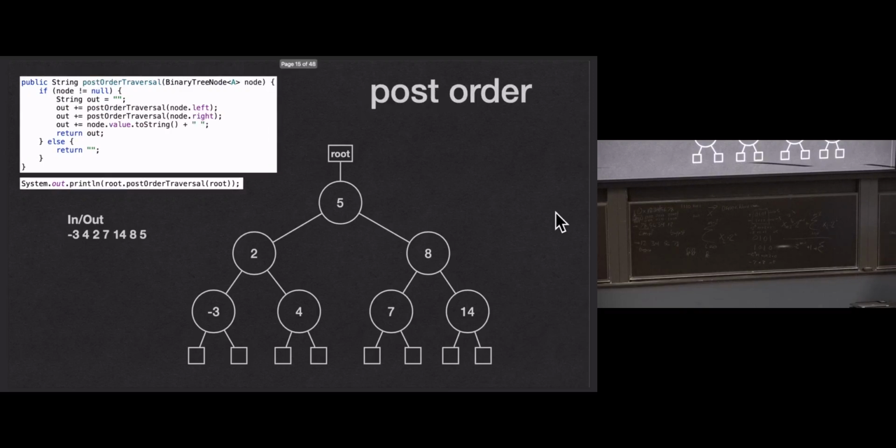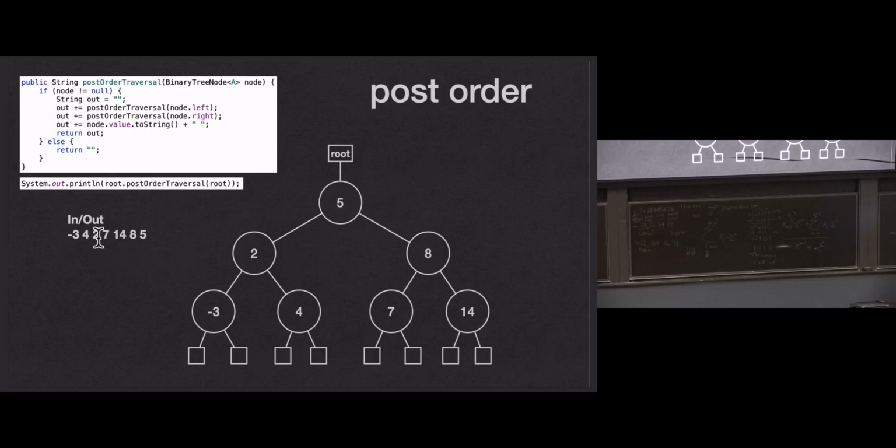With post order, just the opposite. We're going to make the recursive call, recursive call, recursive call, recursive call, then finally visit a node. -3, recursive call, visit 4, visit 2, visit the right, recursive calls, visit 7, visit 14, then 8, and then 5. The root will always be the last node visited in a post-order traversal.